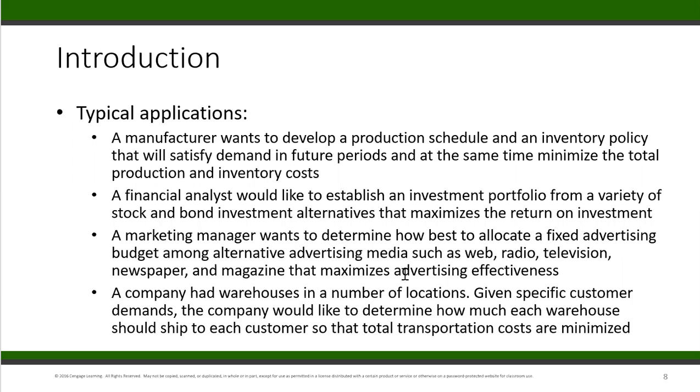Your constraint can be the amount of money that you have available. Another set of constraints might be that you may have a limited number of web commercials, for example, or radio commercials that you can use. You may have some administrative constraints that you may want to balance the use of different alternatives, and so on. There might be more than that in terms of the constraints.